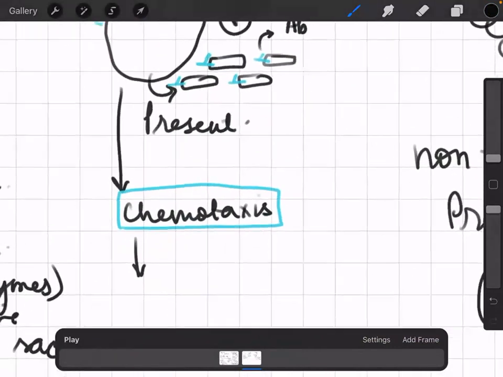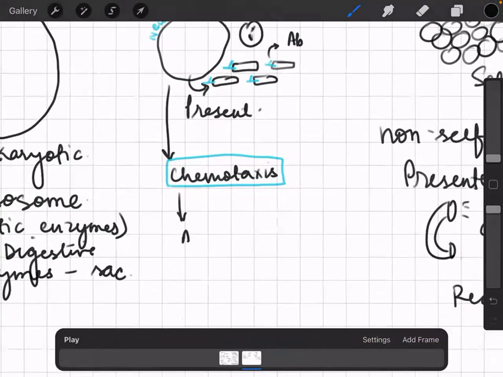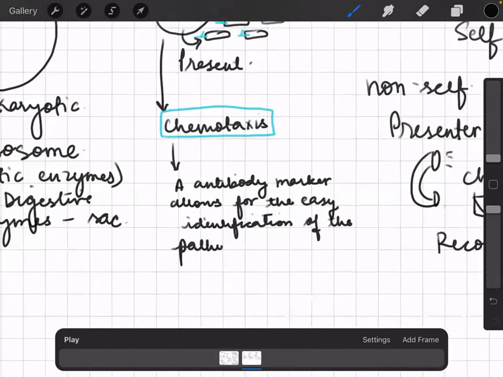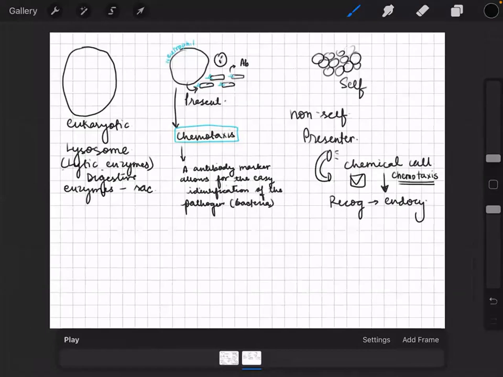So I will just write over here, antibody marker allows for the easy identification of the pathogen, in this case, the bacteria.